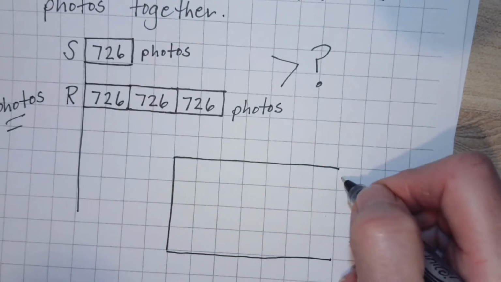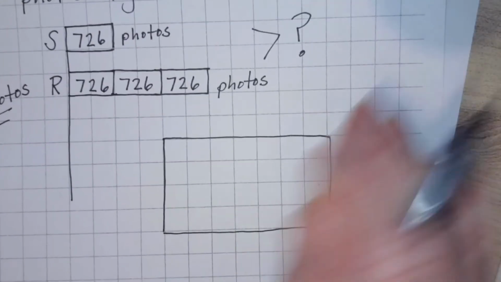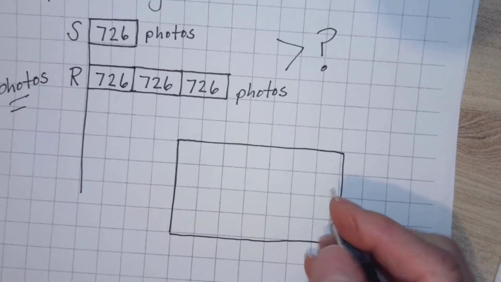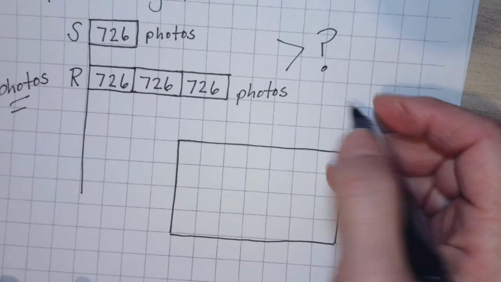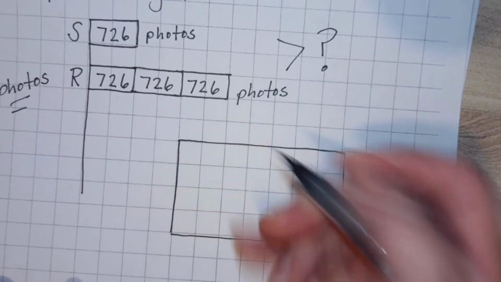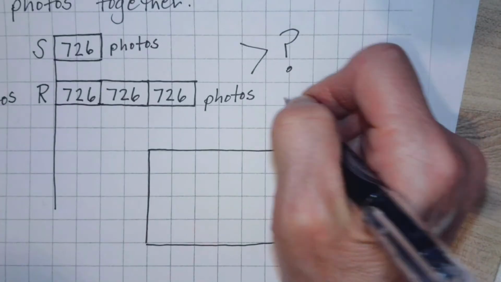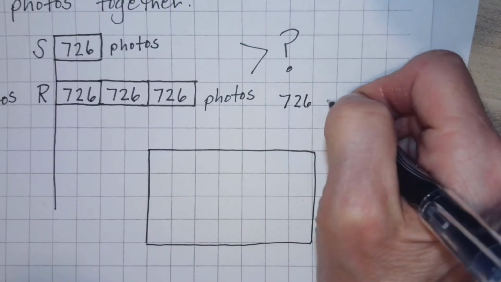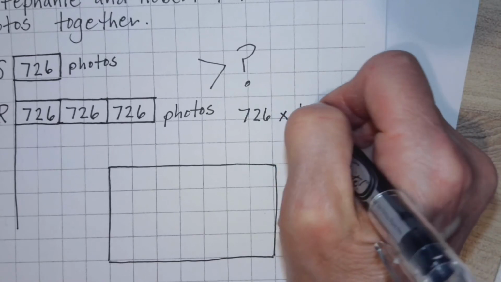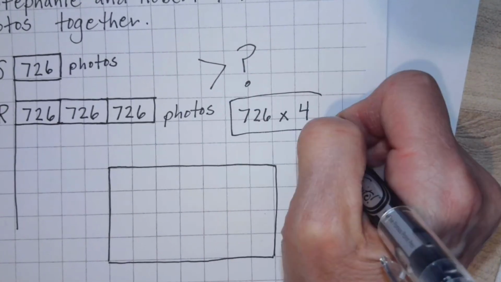I'm not counting my boxes or anything here. I'm just making a rectangle. I do have this nice graph paper, so if I wanted to make it precise, 1 digit per box, I could do that. But I need to find, I'm going to write that right here, I need to find 726 times 4. That's what I need to find.